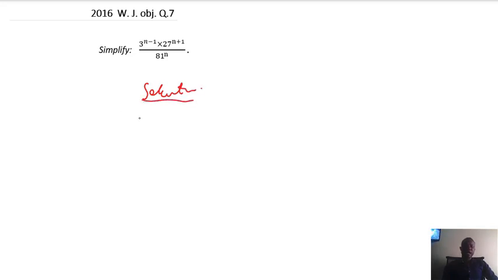So we have 3 exponent n minus 1 times 27 exponent n plus 1, all divided by 81 exponent n. Here we are going to reduce the numbers into the base of 3.